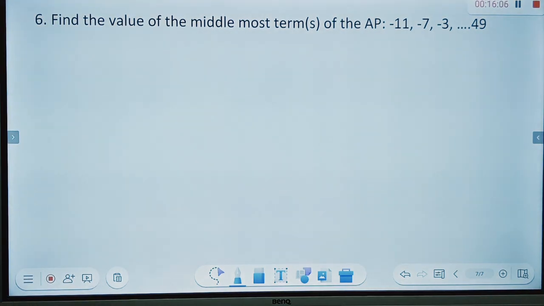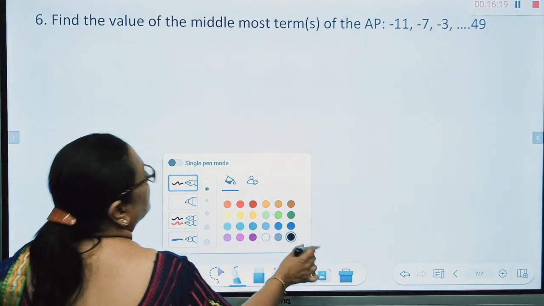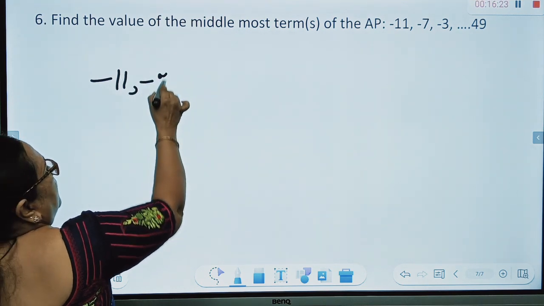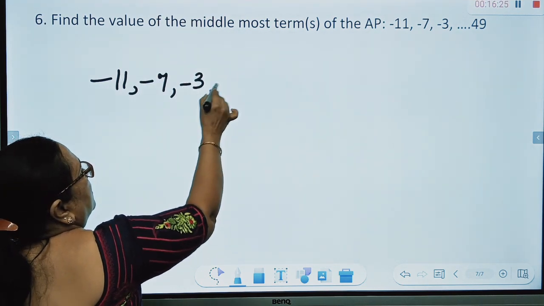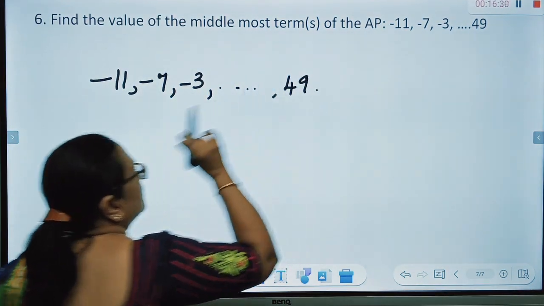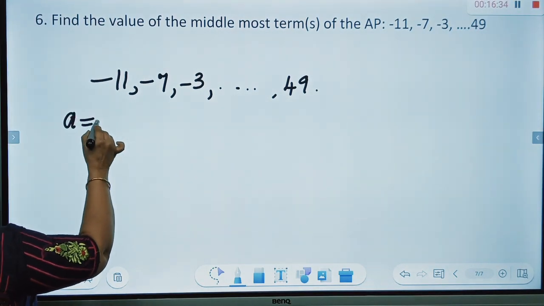Now find the value of the middlemost terms of the AP minus 11, minus 7, minus 3, etc., 49. So we have an AP minus 11, minus 7, minus 3, etc., 49. So what is the first term?